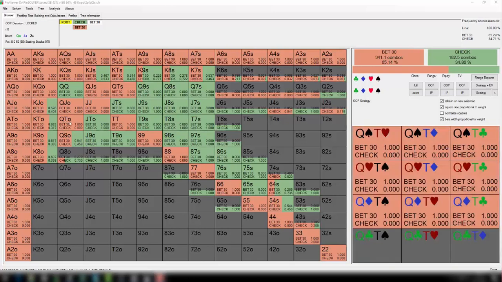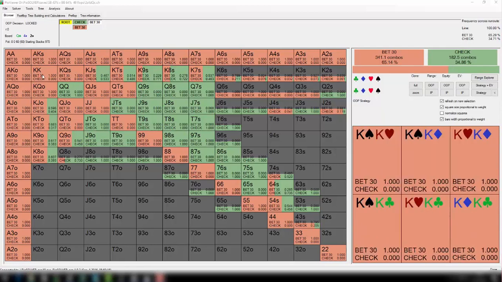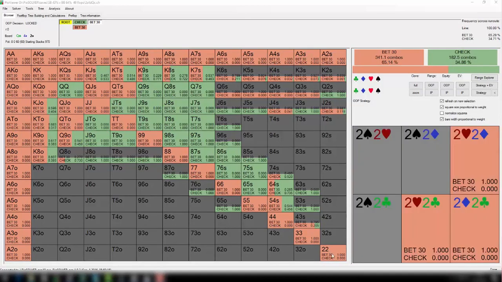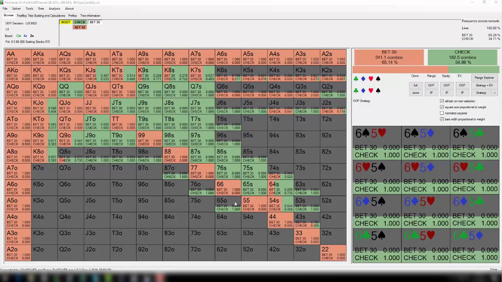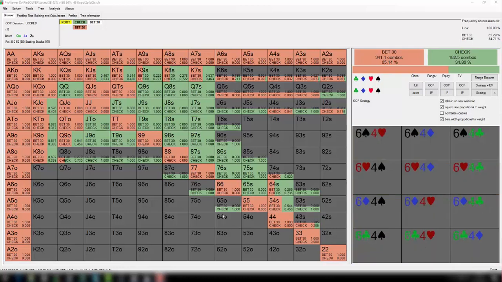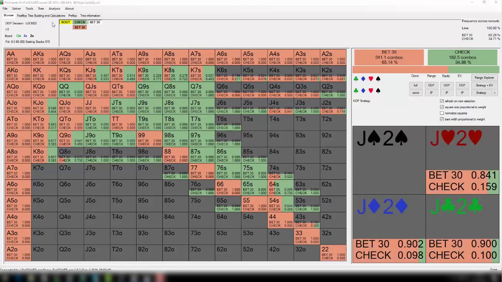Here I've got all the ace-x being bet, queen 10 being bet, aces and kings, two pair and the two low sets. C-bet percentage is back up to around 65%. So let's call this a merged value heavy range, very light on bluffs.